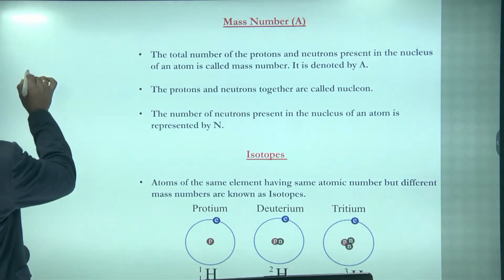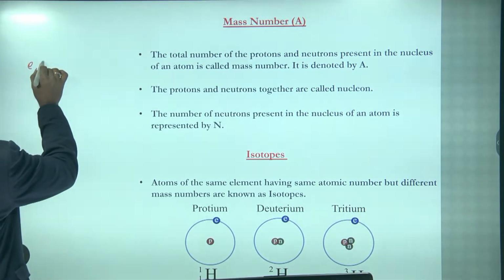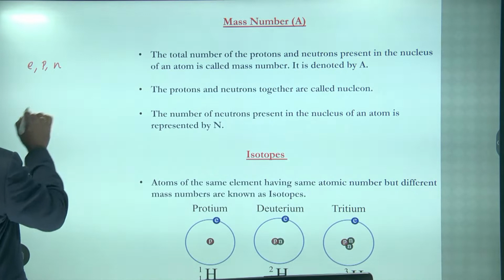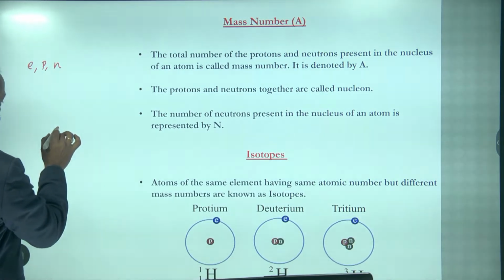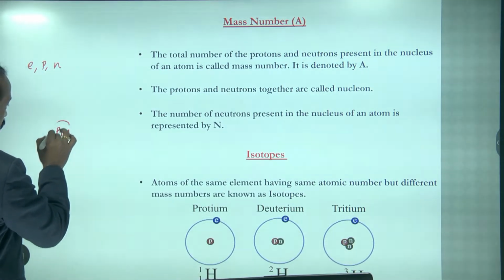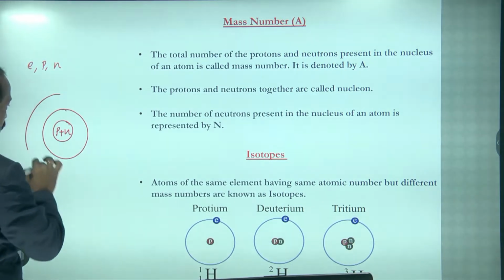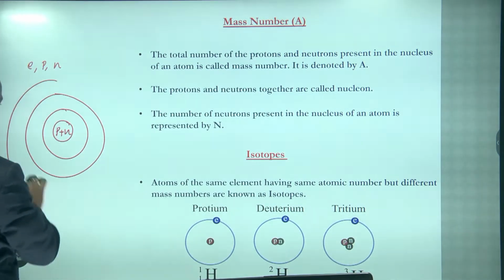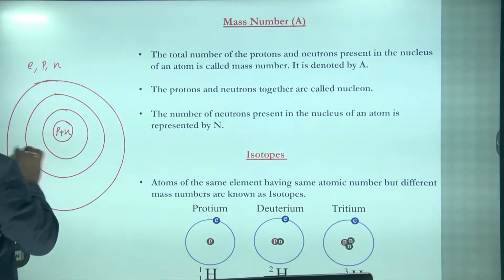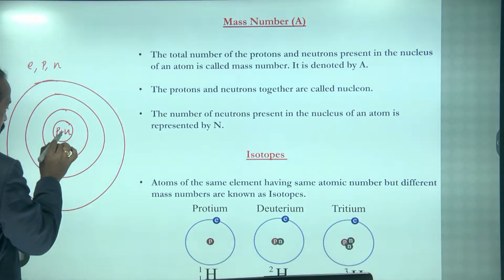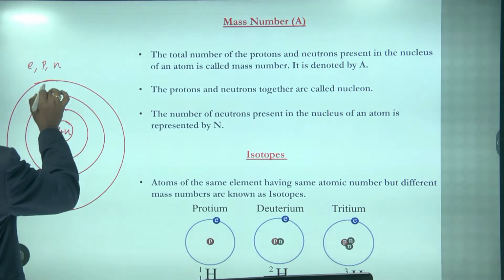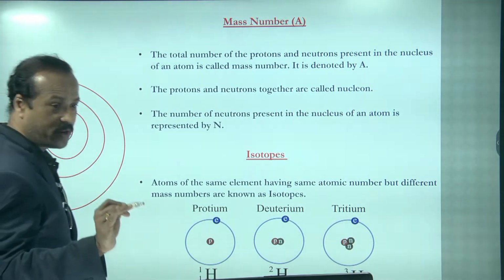So here the atom consists of electrons, protons and neutrons. Yes, the protons and neutrons are present in the nucleus and electrons revolve around the nucleus. Yes or no? Okay. So what does mass number mean? The mass of the electrons is negligible, very less.